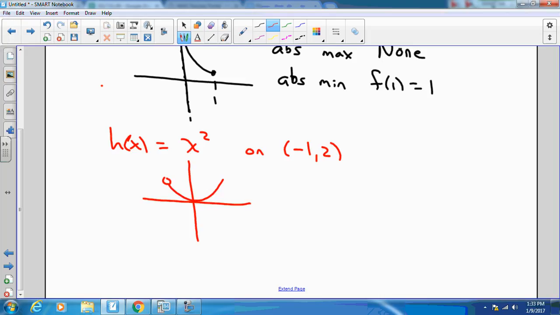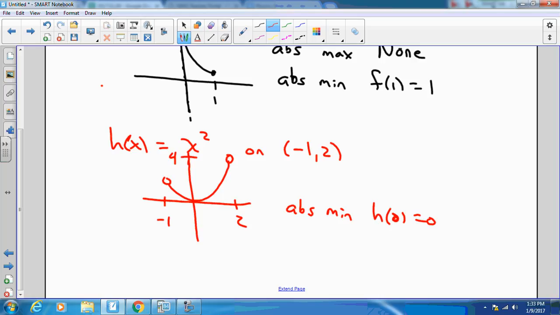And when I graph h of x, you can see that it has a minimum value, the absolute minimum of h of x is 0, but it has no absolute maximum value.